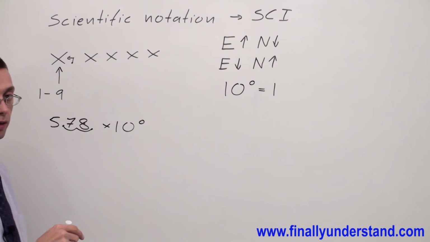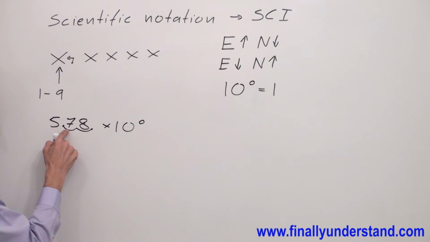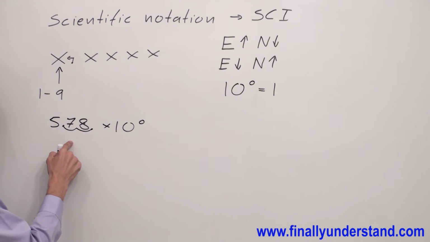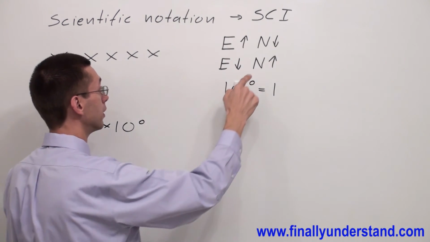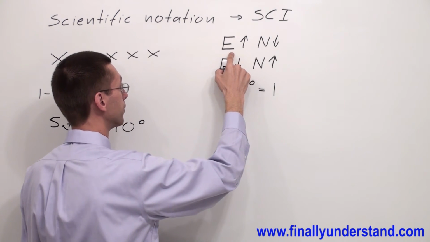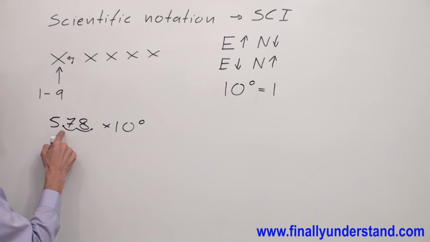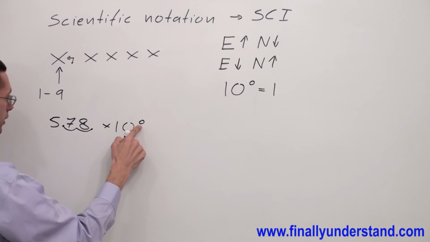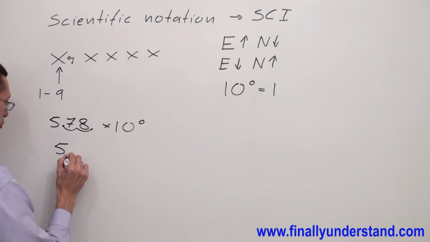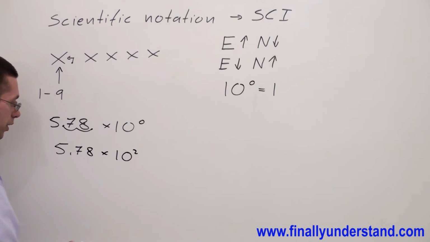My number got smaller: before I had 578, this time I have 5.78. According to the rule, anytime the number goes down, the exponent has to go up. So my exponent has to go up twice. That's why my answer is 5.78 times 10 to the second power.